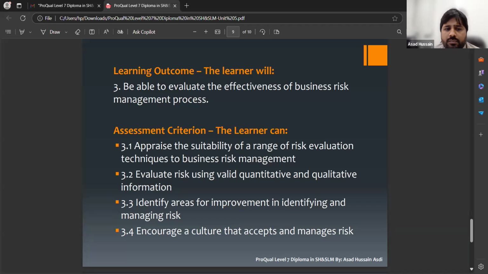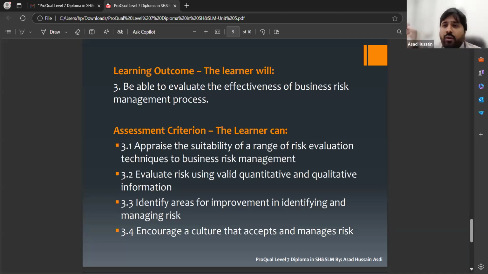So in 3.4, encourage a culture that accepts and manages risk. Here comes the demand of a positive culture with regard to the business risk management system.